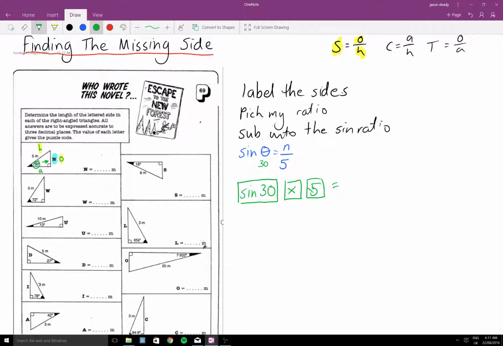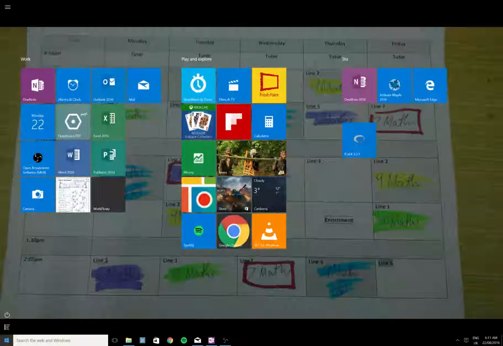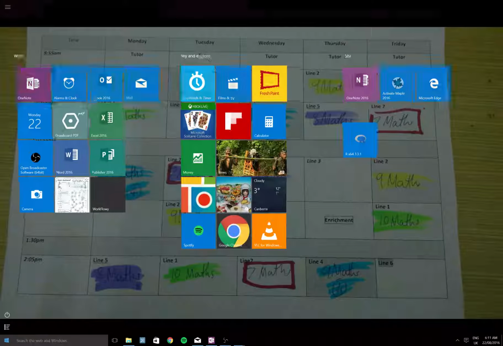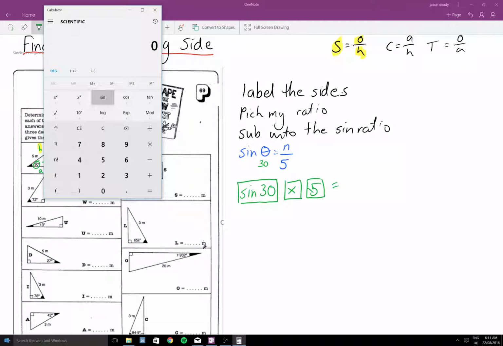Equals, and for this I'll use the calculator. So sine 30 equals 0.5 or half.